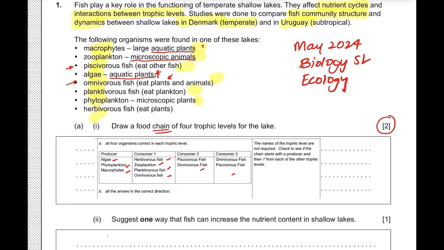Now the names of trophic levels are not required here, only draw a food chain, but the arrow, when you're making the arrow, should be in the correct direction. So this should be in this direction and you get 2 full marks.